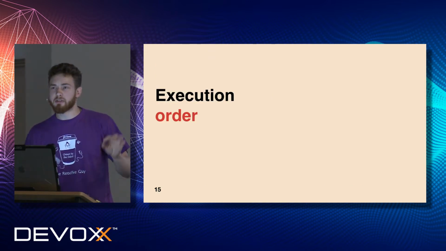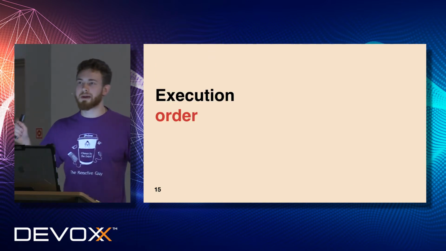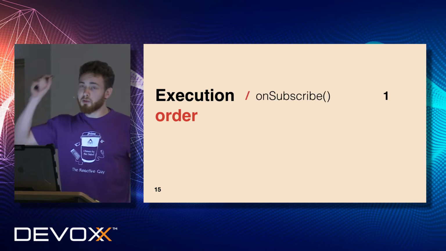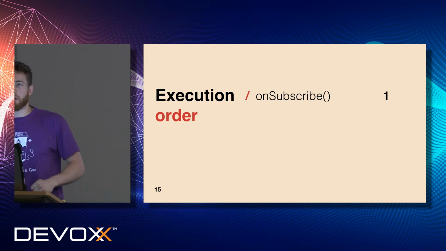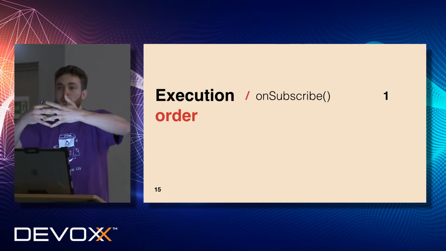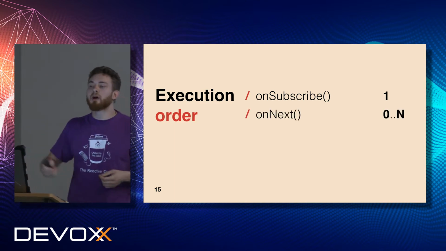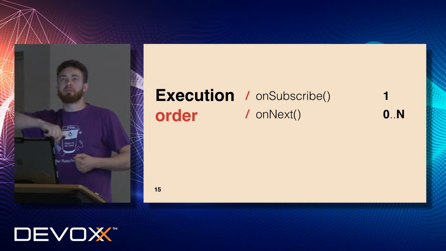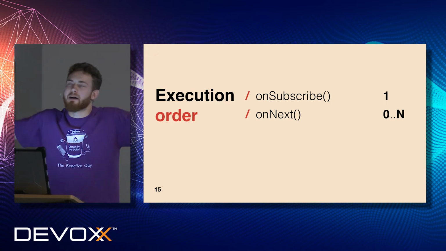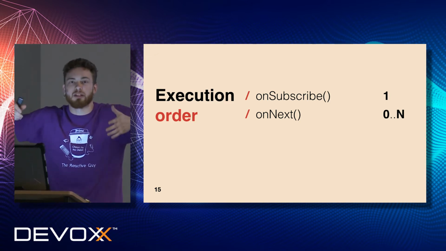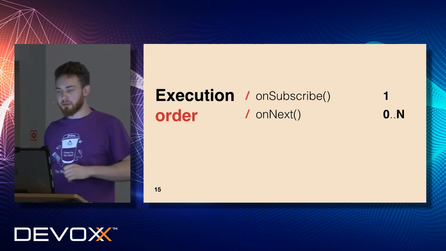The main rule is that everything should be executed in order. First of all, you have to call onSubscribe once in order to send your subscriber a subscription, so it's a handshake. Then you have to start sending data after the subscriber requested something. It could be 0 data in case you don't have anything, just imagine an empty stream.